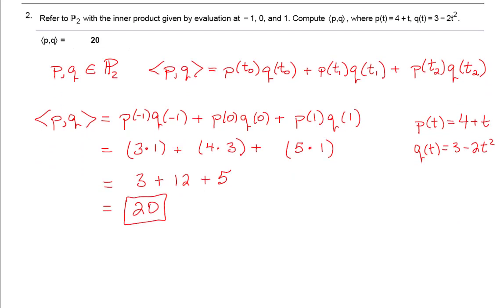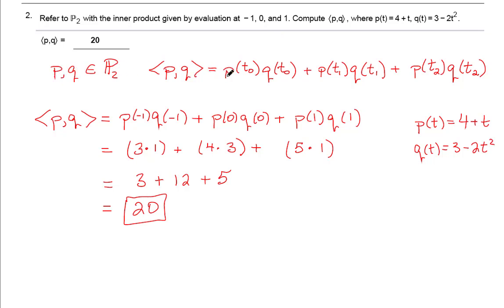All right, in question 2, we have the space of second degree polynomials, and the inner product is defined as their evaluation at these points, -1, 0, and 1. So the way this works is two polynomials in P2.